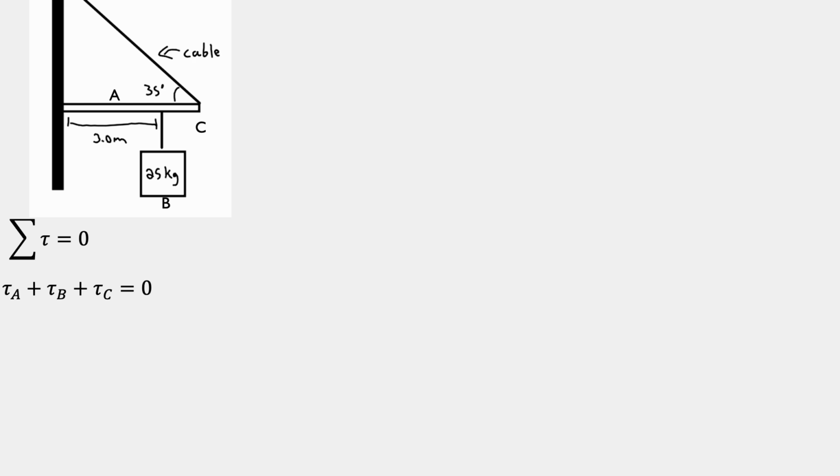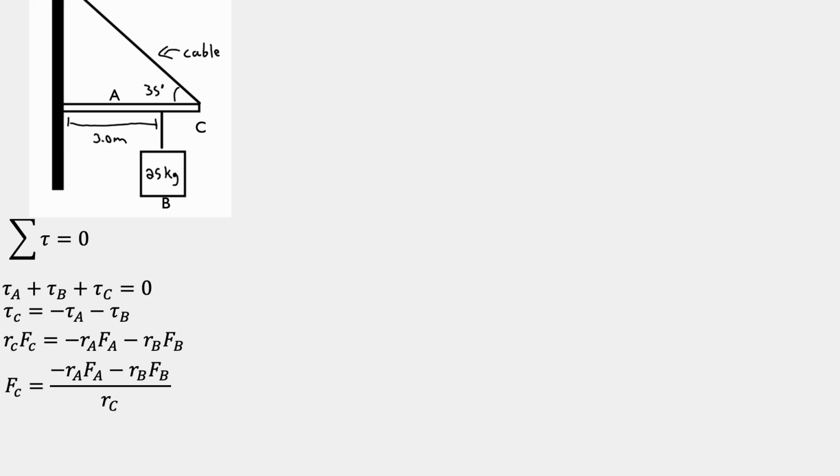Now we want to solve for a component of force that is in torque C, so I'd rearrange to get torque C on its own, and then substitute our equations in, and then divide both sides by RC to get the force at C. Now our force at A and force at B are both gravitational forces, so they can be replaced with mg.